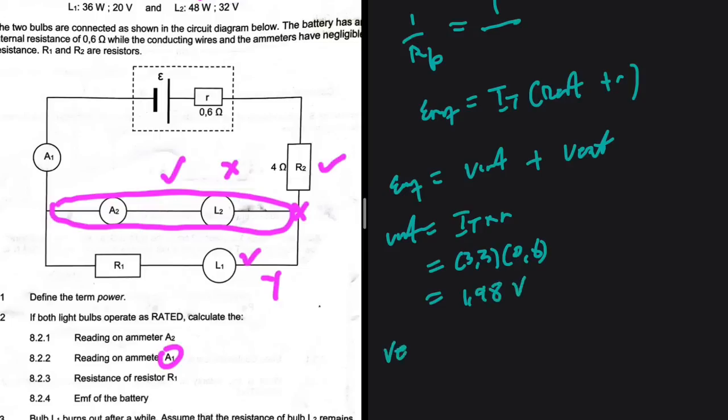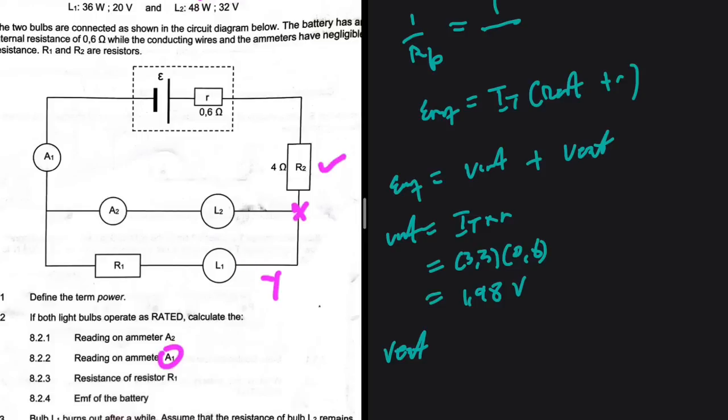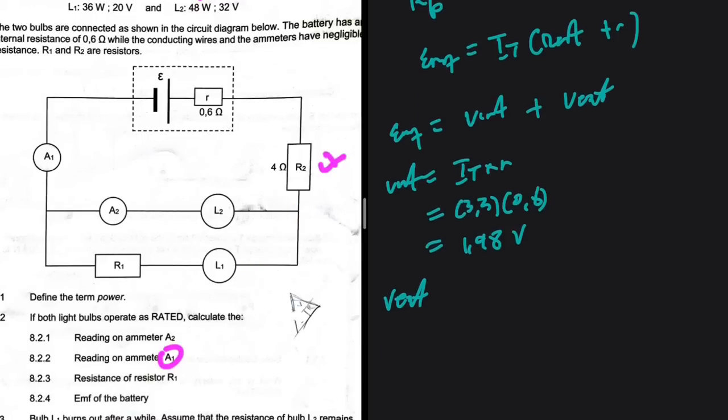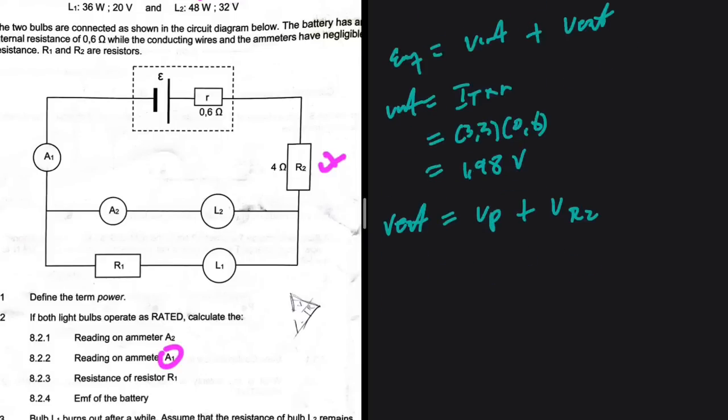Okay, and then V external, there's two places where there's a potential difference, across VP and across this R2, right? So V external will be equal to VP plus the voltage that is dissipated by R2. So VP, we already know that it is 32.